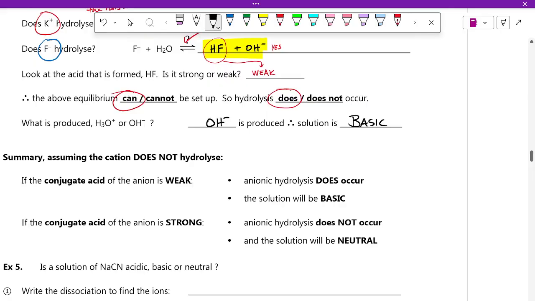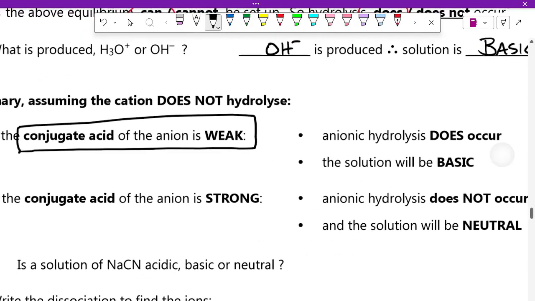So assuming you do not have a cation that hydrolyzes, if you are only looking at the anion, if the conjugate acid is weak, then you will get anionic hydrolysis, and the solution will be basic.